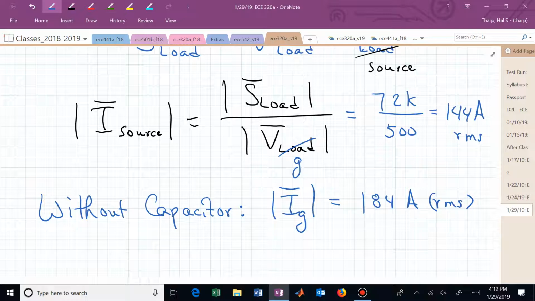That was the motive, well, the motive was probably to save money, because 144 is going to be cheaper than 184 current-wise.